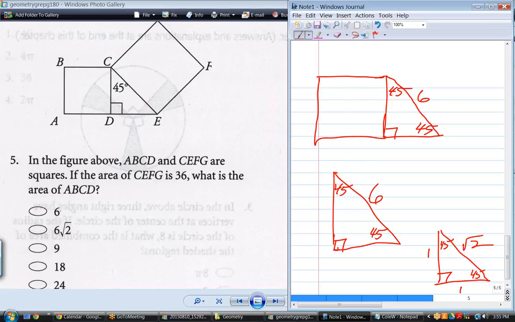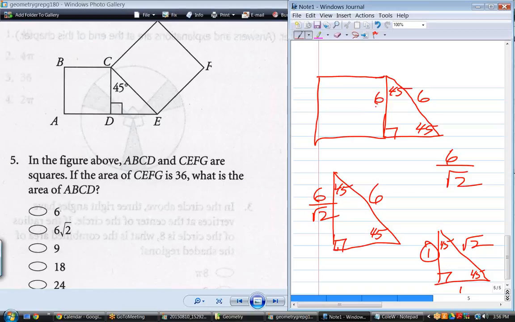We compare the big triangle with the little triangle. That's the similarity ratio. Now we take the similarity ratio and multiply it by that side length, 1, to get this side length, 6 over root 2. So now I've solved my problem.